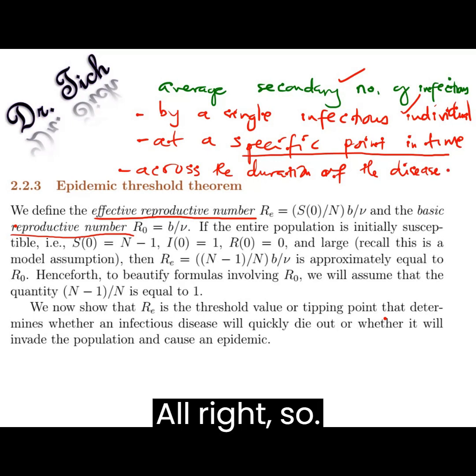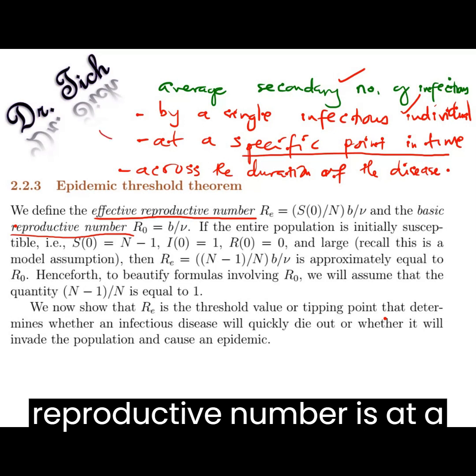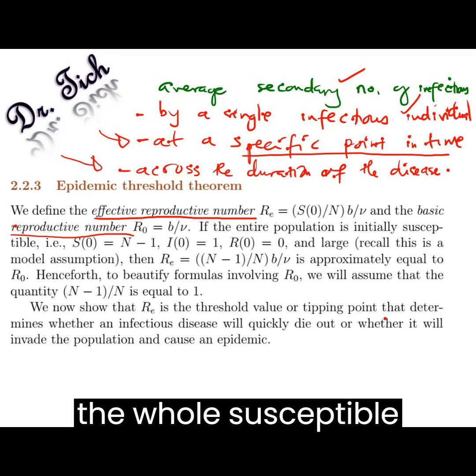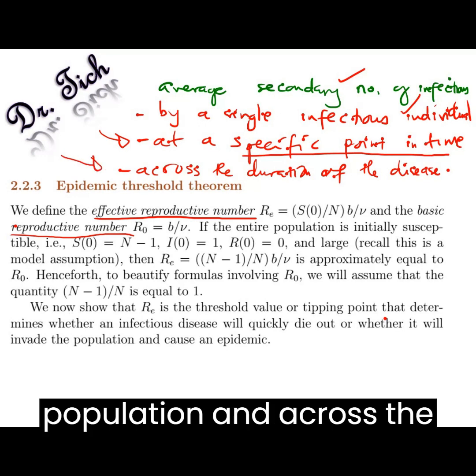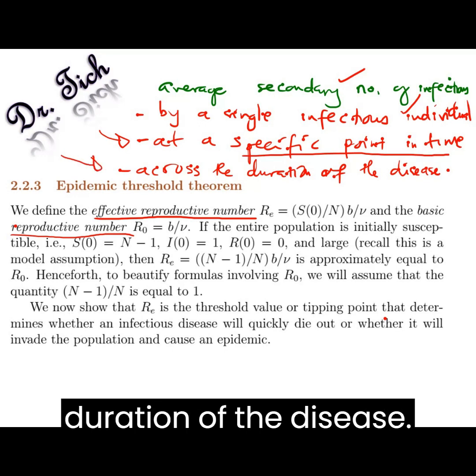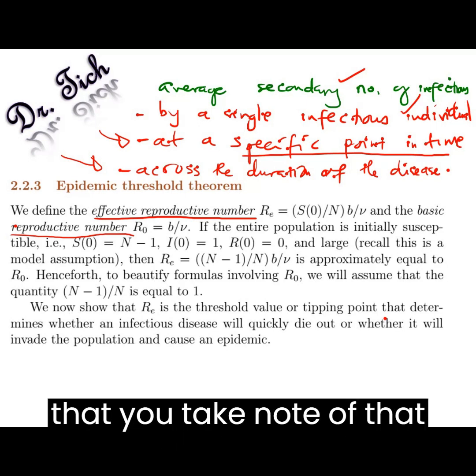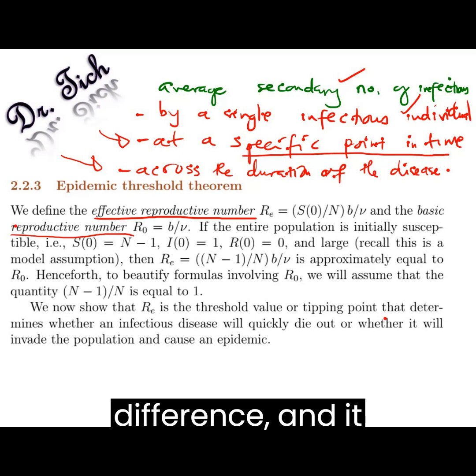Whilst the effective reproductive number is at a specific point in time, here we are looking across the whole susceptible population and across the duration of the disease. It's very important that you take note of that difference.